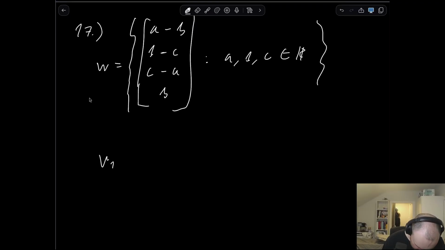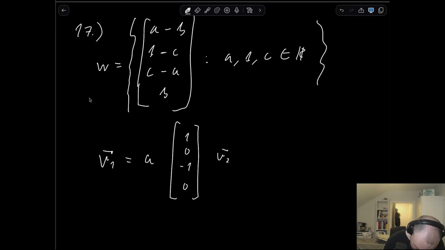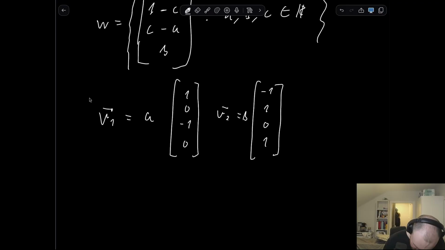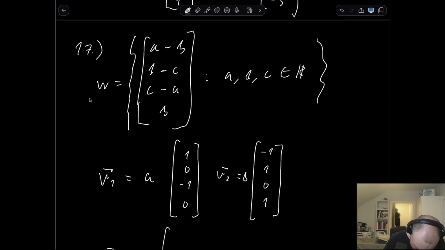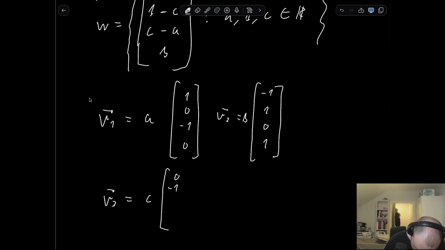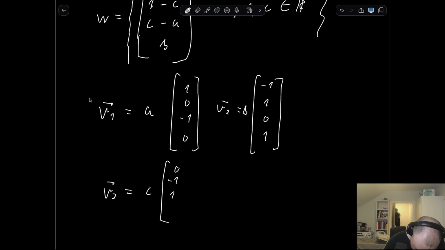I can create a vector v1, and v1 is equal to a times 1, 0, minus 1, 0. v2 is equal to b times minus 1, 1, 0, and 1. And then v3 is equal to c, not a, times 0, minus 1, 1, and 0.